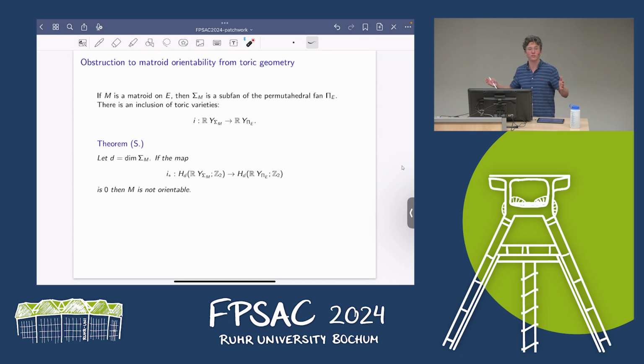So even if the matroid isn't representable, you still have the fan and the toric varieties, and you have this inclusion map. And you get an induced map on the homology. Okay, so if the map is 0, then this theorem says that M is not orientable.